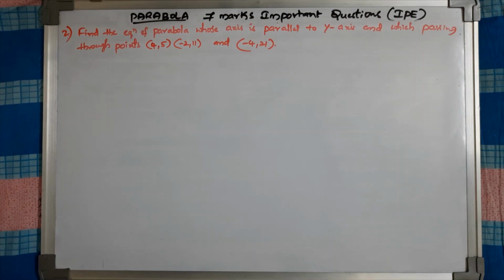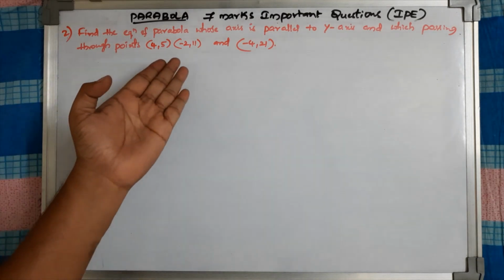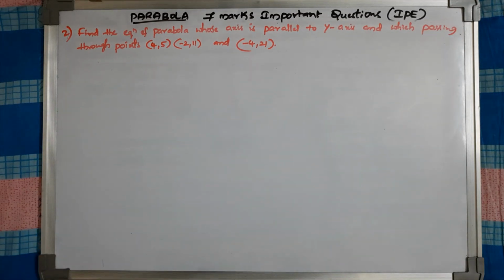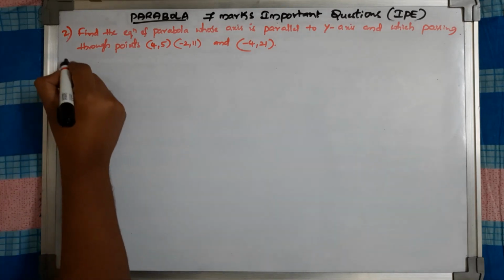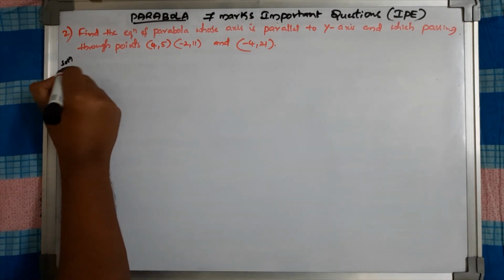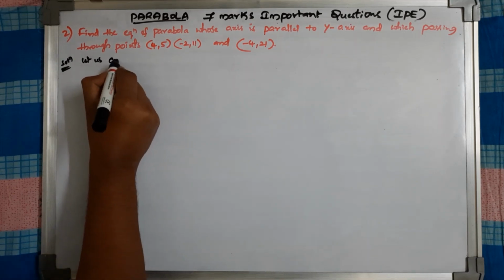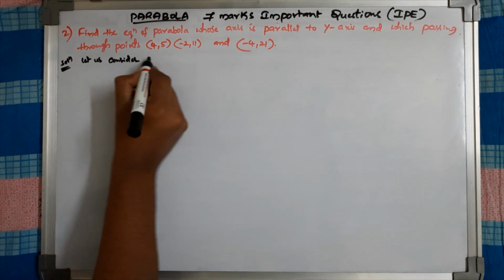In the previous question, it was parallel to x-axis; here it is parallel to y-axis and passing through the points (4, 5), (minus 2, 11) and (minus 4, 21). He has also given 3 points. First of all, we have to consider the given points.